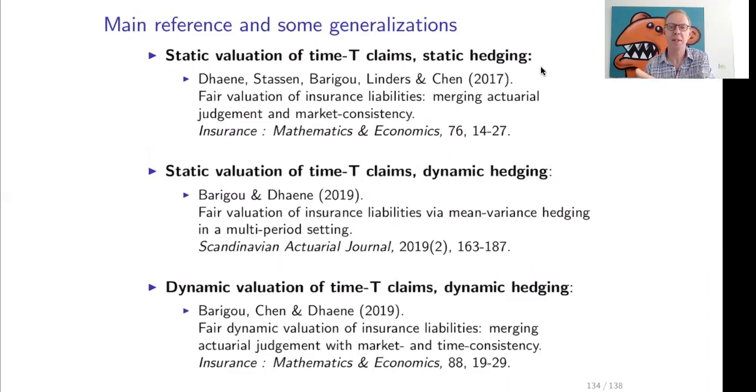There is 10 years to go, and we are allowed to change the portfolio from time to time. For instance, we are allowed to yearly change the portfolio, adapt the portfolio. This is not considered in this presentation, but you can find all the details about that in the paper by Gu and Dana of 2019.